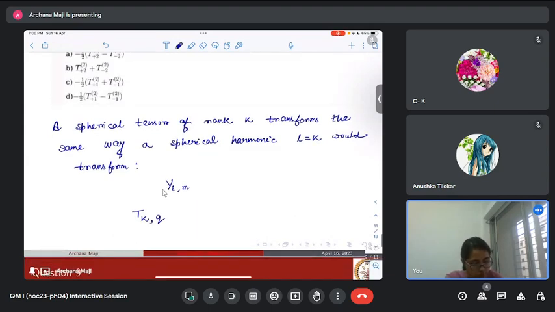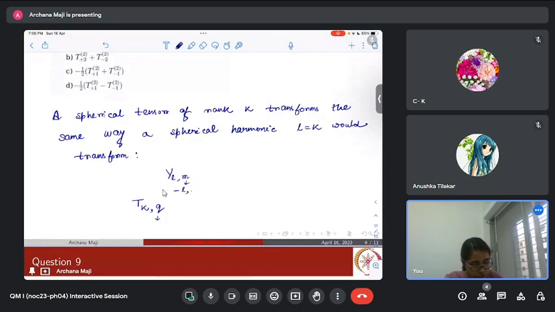So q will take values, just like M takes values from minus L to L, from minus k to k.